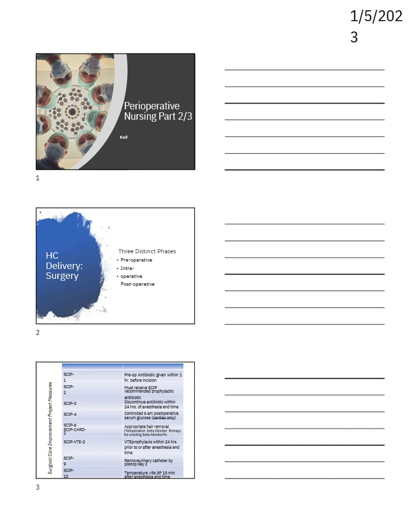You do not need to memorize the SCIP numbers and interventions. You do need to understand and be able to apply these evidence-based practice interventions for your surgical patient to promote optimal patient outcomes.